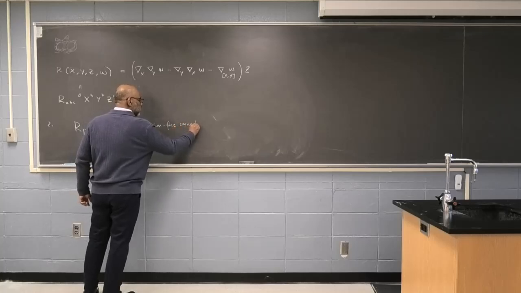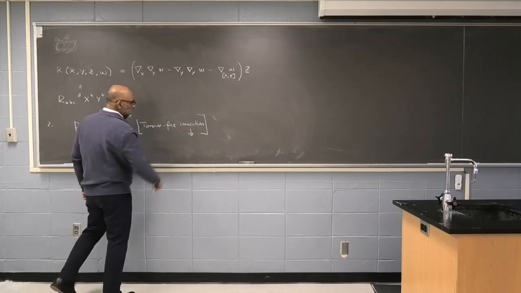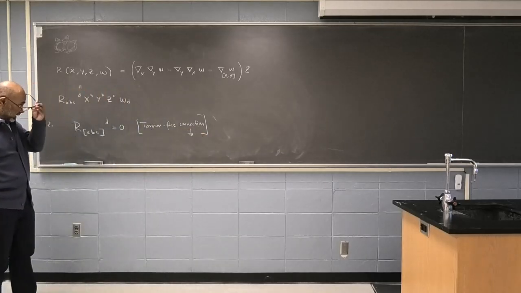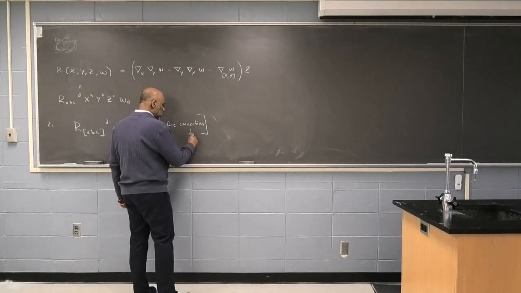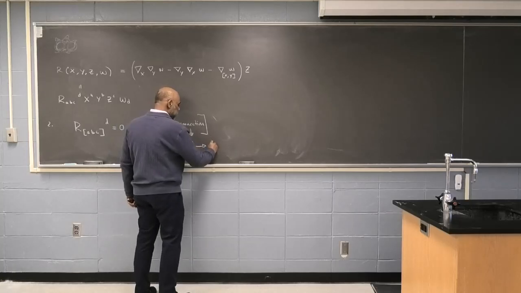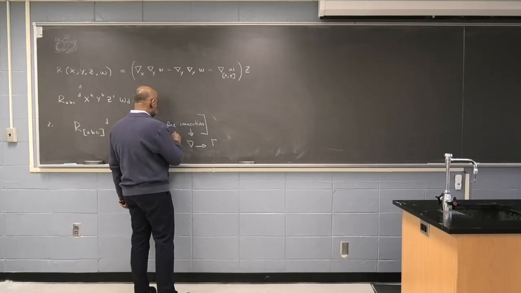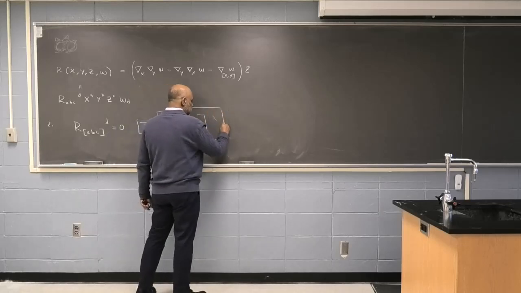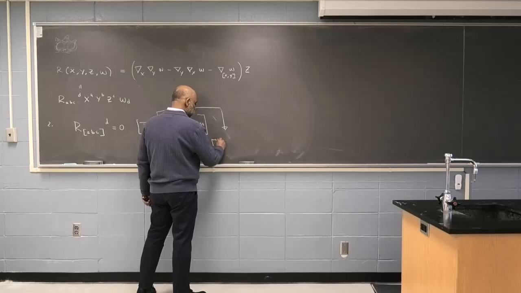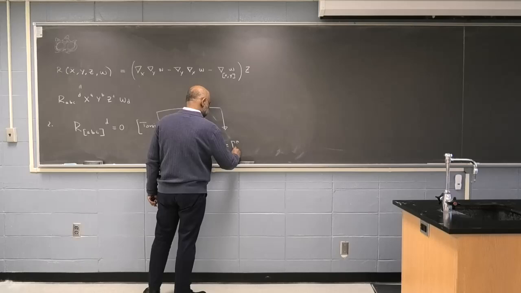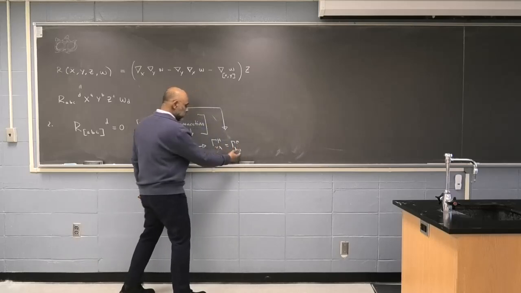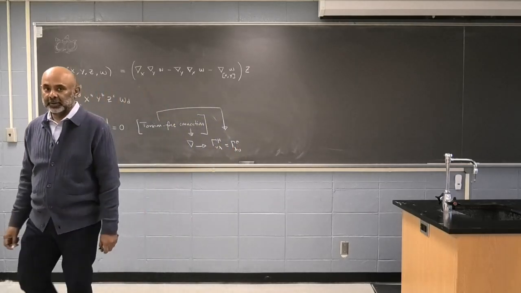I use the word connection, that's traditional. It is literally the covariant derivative, which in turn is described by Christoffel symbols, and torsion-free then implies that Gamma^λ_{μν} is equal to Gamma^λ_{νμ}. It is symmetric in the lower 2 indices.